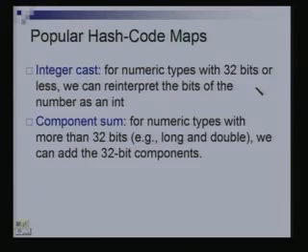If you have a key which has more than 32 bits in it, let's say it's a long or a double real number which takes more than 4 bytes, then you can take it in chunks of 32 bits and add them up. So take the first 4 bytes, add to it the next 4 bytes, and so on, to get eventually some 32 bits, and that could be the integer you are working with.